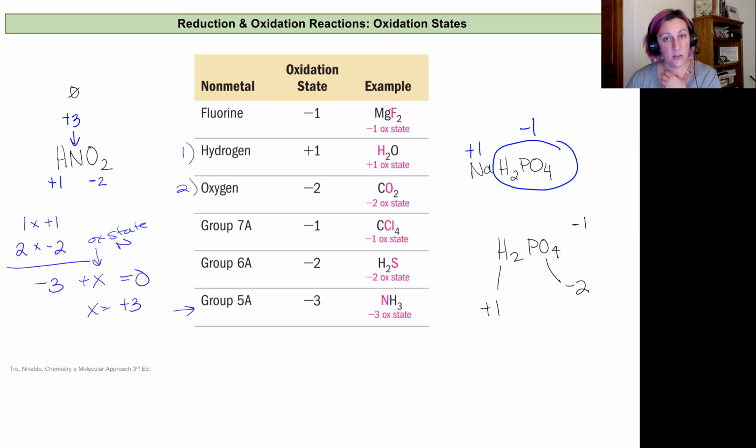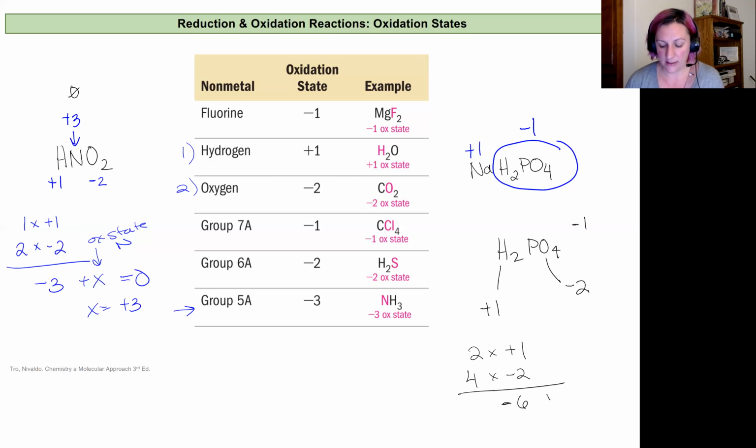So I'm not going to use the rule for phosphorus. Instead, I'm going to figure out what is left over and what I need it to be to have an overall charge of -1, or overall oxidation state for that molecule. So I have 2 hydrogens and they're both +1. And I have 4 oxygens and they're all -2. So that gives me a total of -8 plus 2. It's -6.